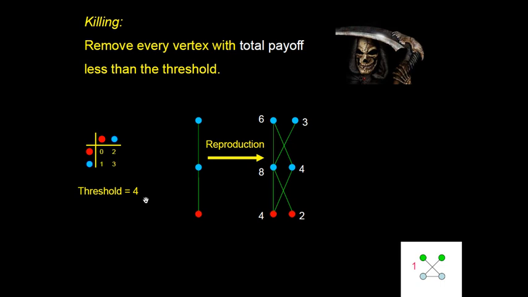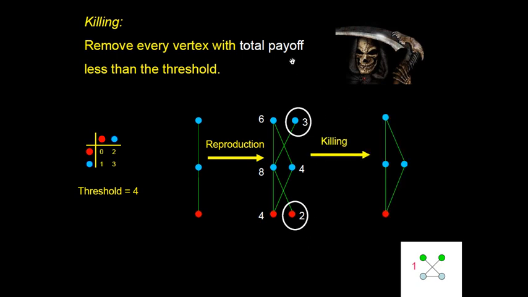And what we do then is we kill every vertex which has a total payoff less than this threshold, okay? So we kill these two vertices during this killing stage, and this is the resultant graph, okay? So this is actually the network we get after the first update.